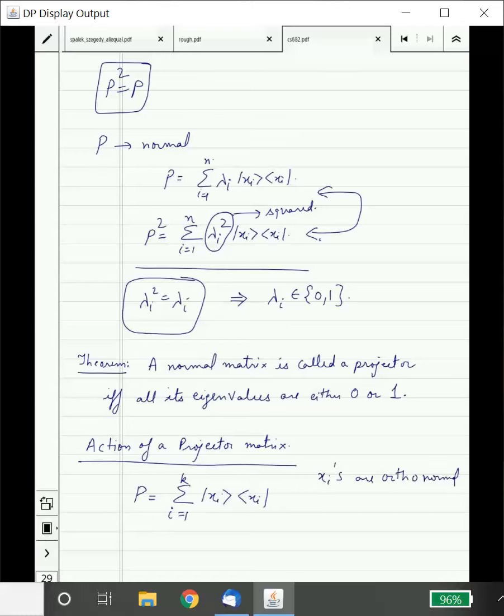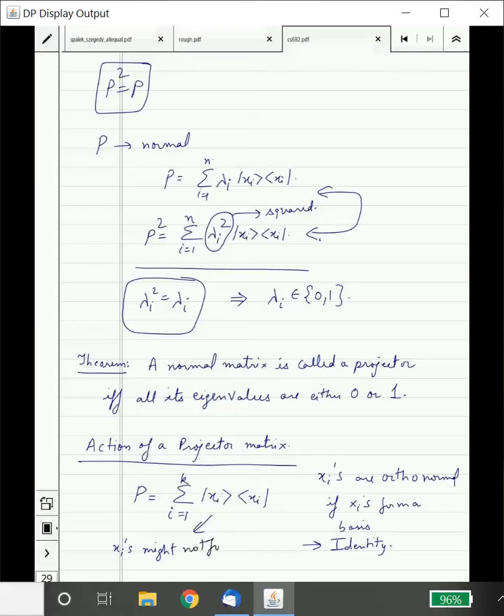If the xi's form a basis, then you can convince yourself that you will get identity. In general, when I talk about a projector, these xi's with high probability will not form a complete basis.